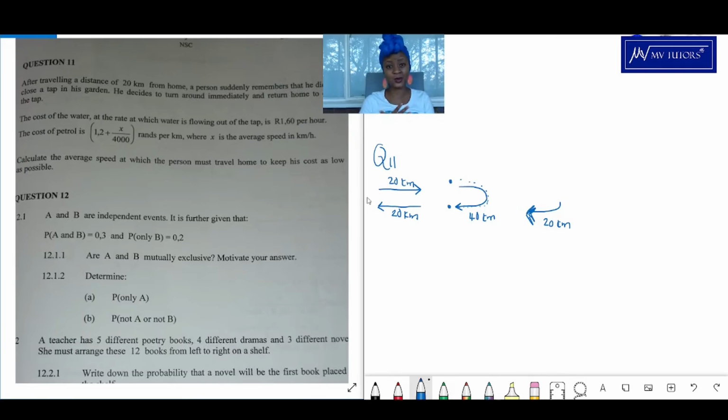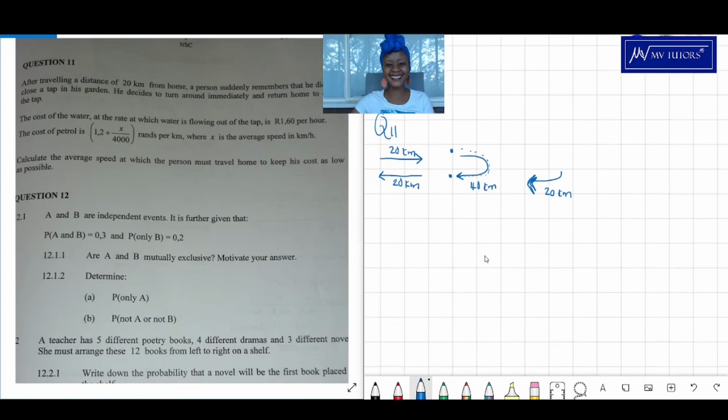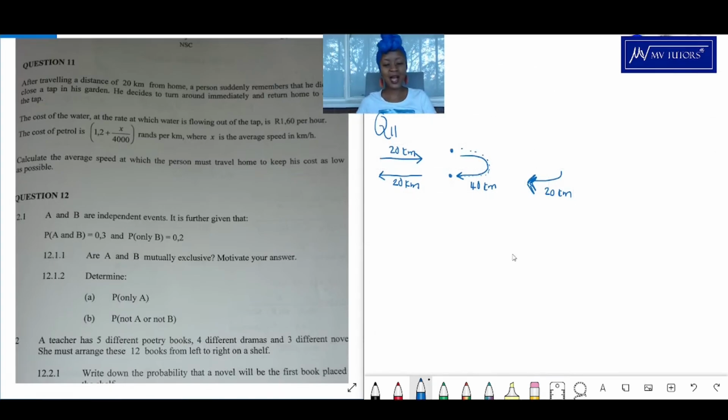I would consider the whole trip because it's costing him. But if you would rather do it halfway, you're more than welcome. So I will actually do both. I will consider the whole trip, and I'm also going to consider just the scenario of traveling back home, and we'll see.